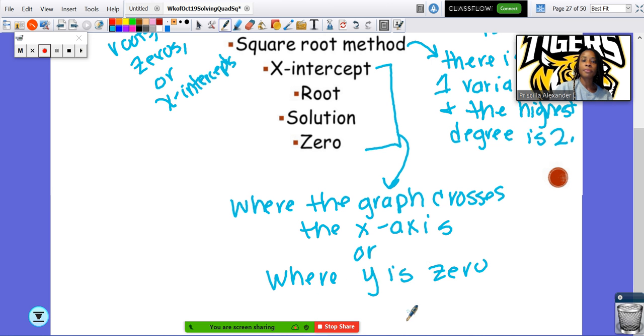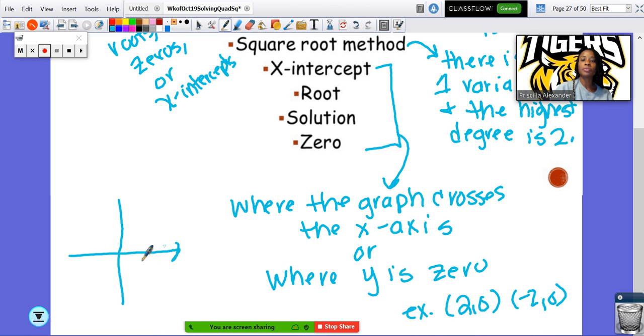Let me give an example. With a quadratic, you're always going to have 2 roots. I'm going to draw a picture of that example: negative 2, 0, and then 2, 0. And your quadratic might look something like this. I'm not saying that it will, but it may.